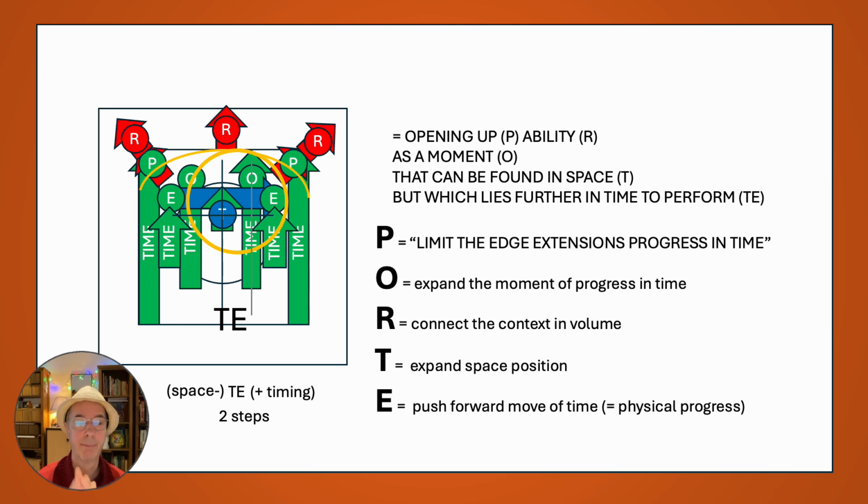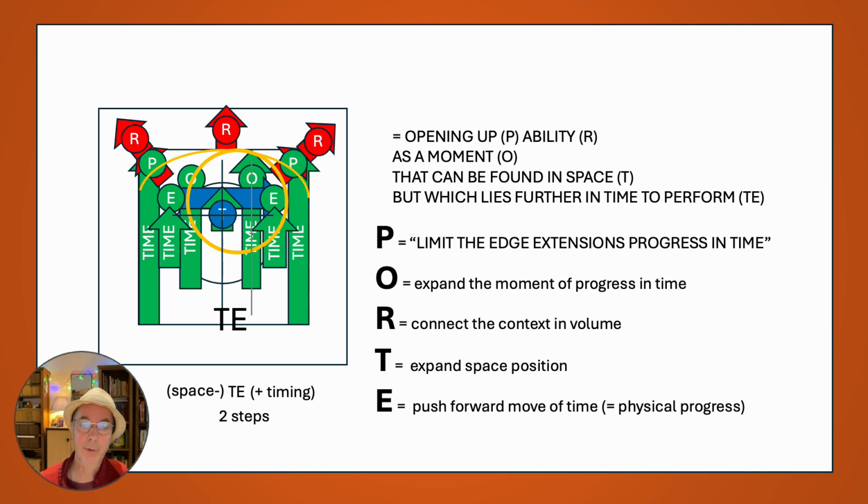It will go to that moment that is going to be taken out. That's the background of positions that I can find here, and I can recognize an opening-up ability with P and R as a moment to be found in space, in T, but which of course also lies further in time to be performed at some stage. That's then the ending with T.